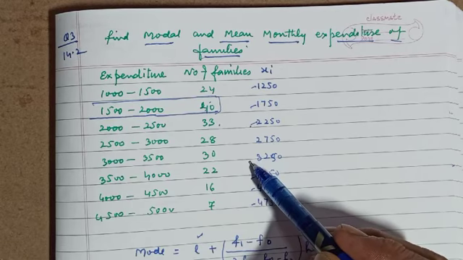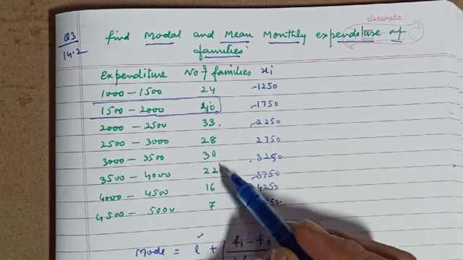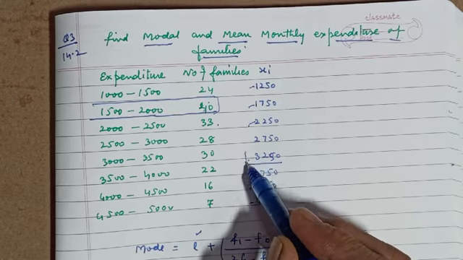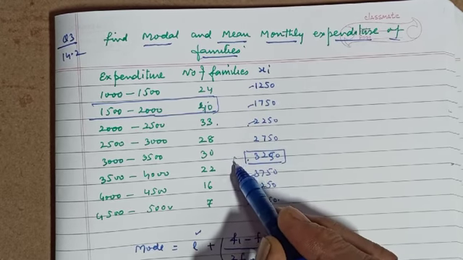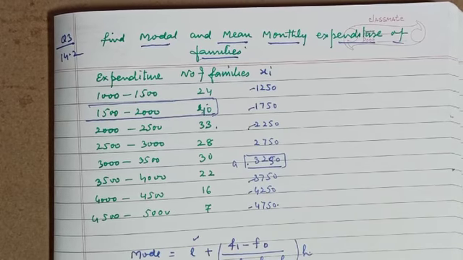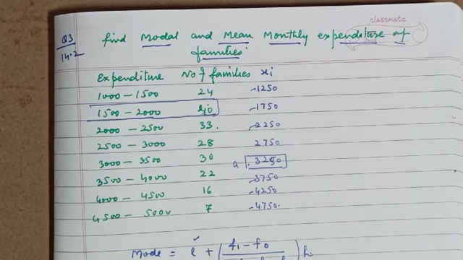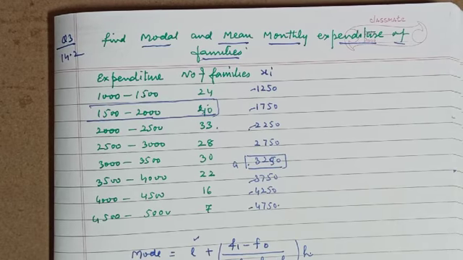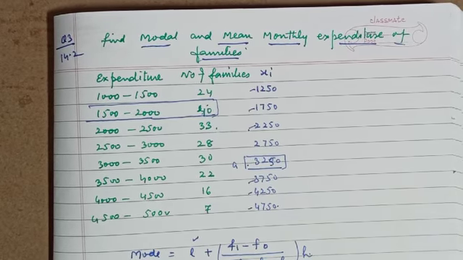We are left with these two. I am going to take this one as the value of A. So here A comes out to be 3250. It is the value of A.